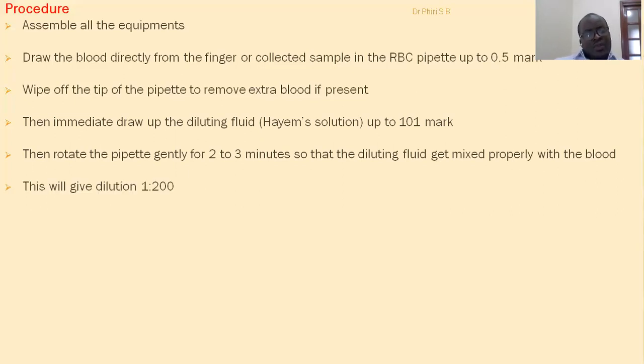When you do that, you have a dilution factor of 1 to 200, meaning that you've diluted your blood 200 times the normal whole blood. So you've separated these cells 200 times, in other words, from one cell to another cell. By so doing, they will be suspended nicely, then you'll be able to count them.